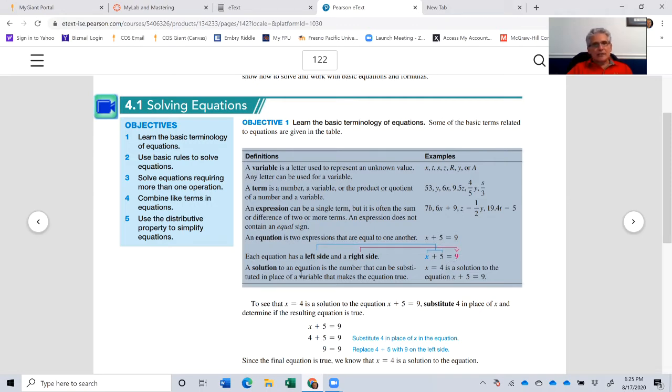A solution to an equation is a number that can be substituted in place of the variable that makes the equation true. As an example, x plus 5 equals 9. We don't know what x is, but you can see that x would be equal to 4 because 4 plus 5 equals 9. So x equals 4 is the solution to the equation x plus 5 equals 9.